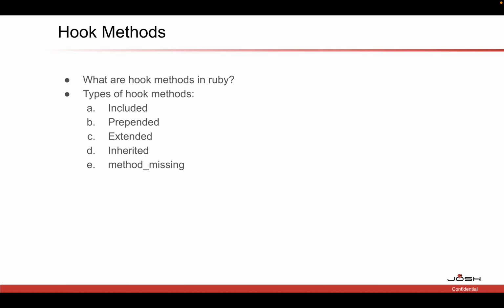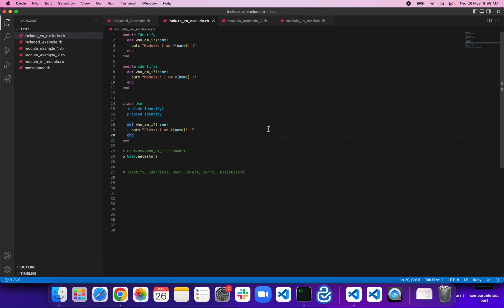If you include any module inside a class, this included hook method will be executed if it is defined. These are not defined by default. The programmer will need to define it. All right, prepended is whenever you prepend any module inside a class, then the prepended hook method would be executed, and similarly. So let us see the example now.